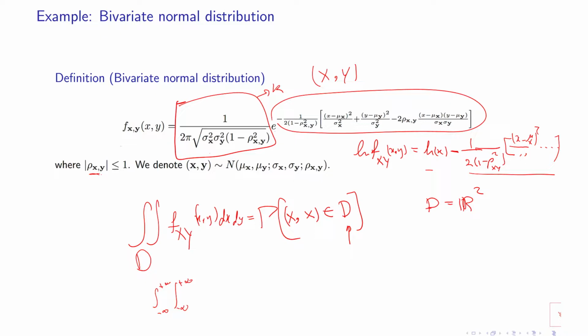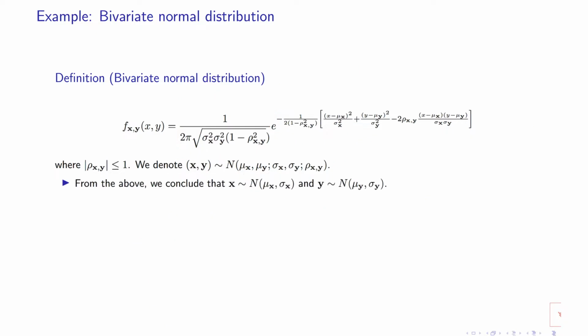We denote the random pair by saying that it has a normal distribution with mean mu x, mean mu y, standard deviation for x, standard deviation for y, and correlation coefficient. Because we have these parameters, this is an abbreviation for this big function. For this distribution, you could easily conclude that the individual random variable should have a normal distribution.